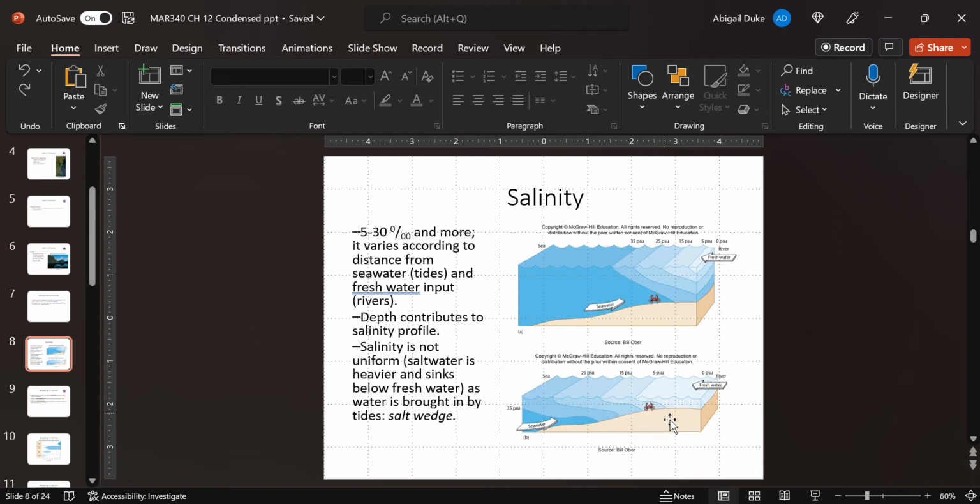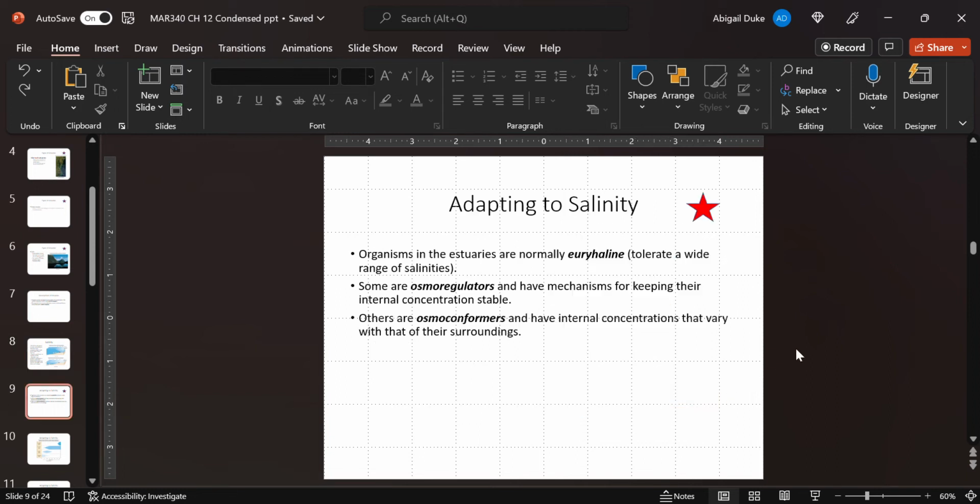So the low tide is coming in and covering the crab in some fresher water. And then I have a little note here that says estuaries are subject to wide fluctuations in salinity.